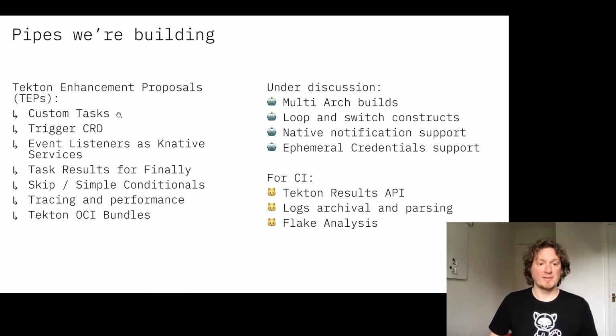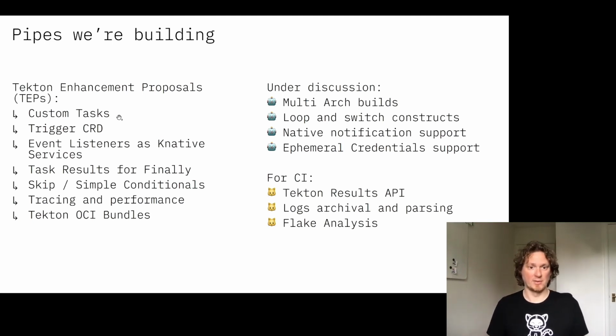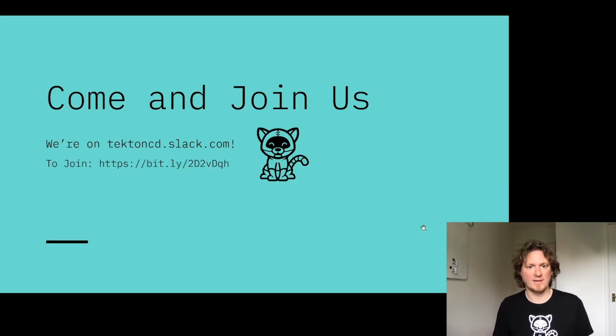And things like custom tasks, because not everything must be a pod. You might want a step in your pipeline where you're looking for human approval from someone, or just waiting for a certain amount of time, without using Kubernetes resources for that. Specifically for CI, we are looking into results, API, log archival, and flag analysis.